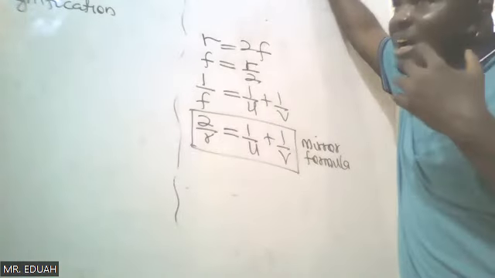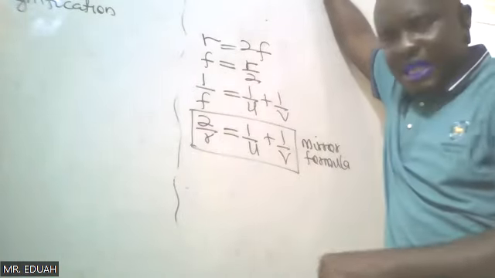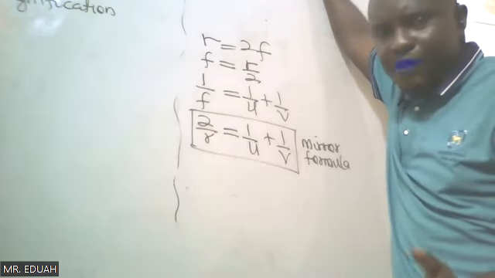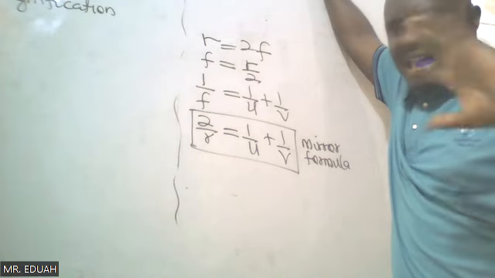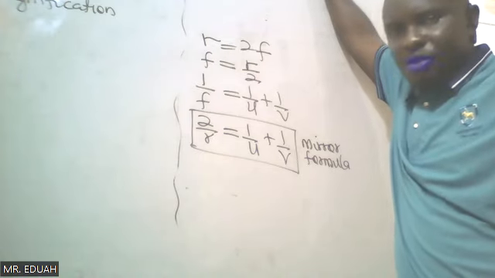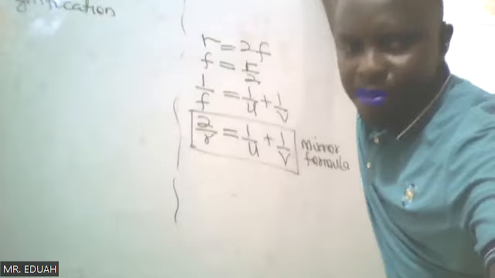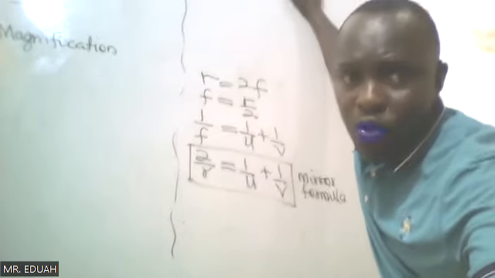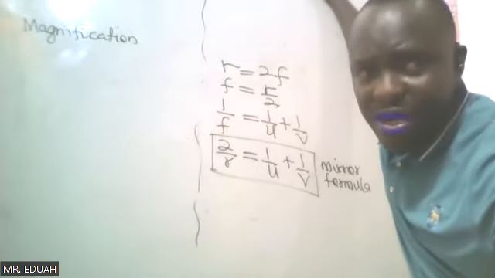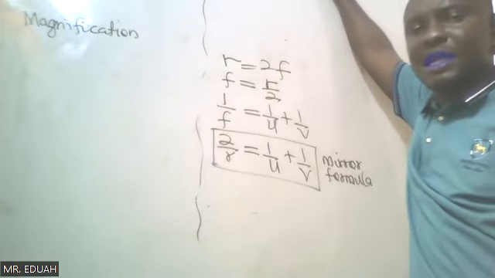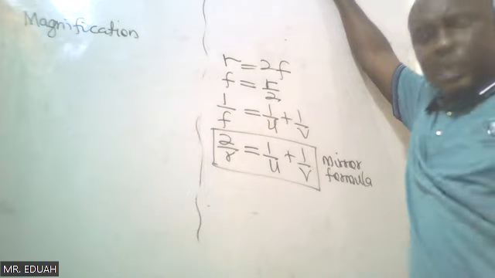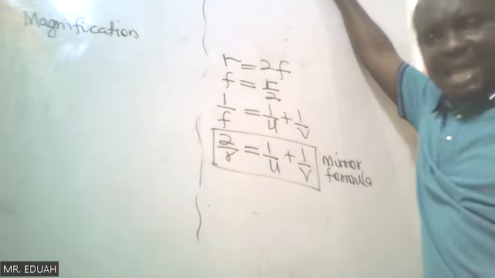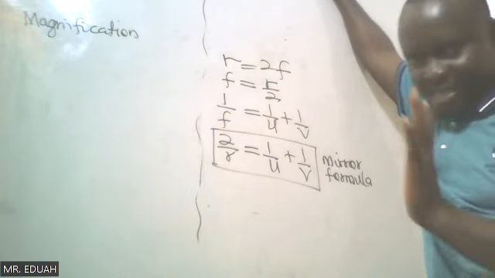Before our discussion, we were using magnification only for when the image is large compared to the object. But technically, when we talk about magnification, we are looking at whether the image is reduced or increased, either in size or in height.